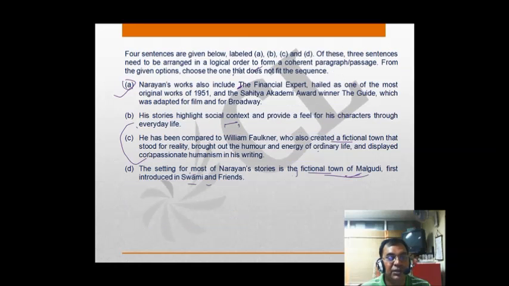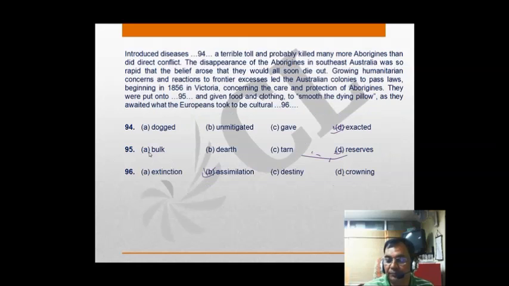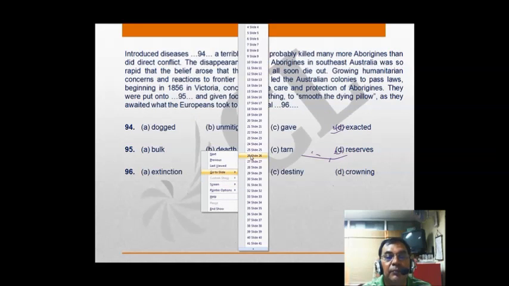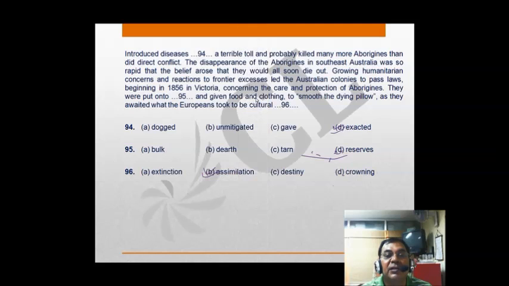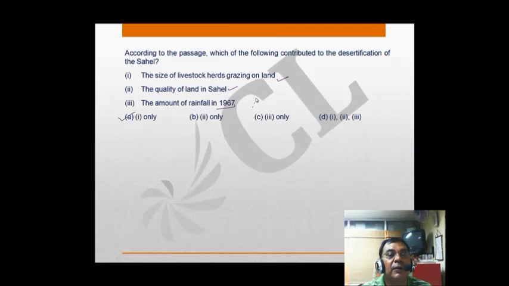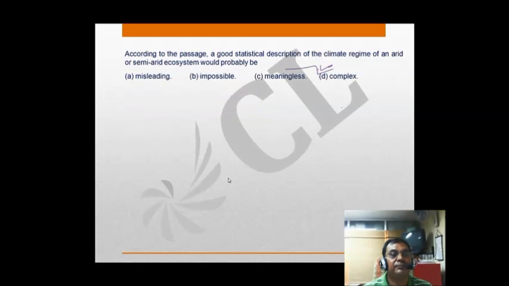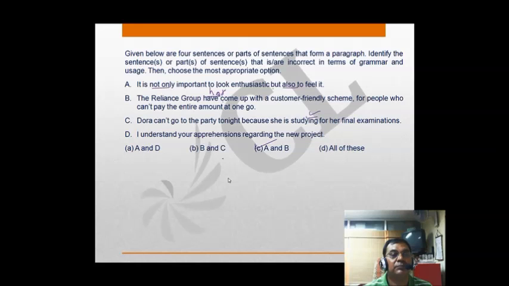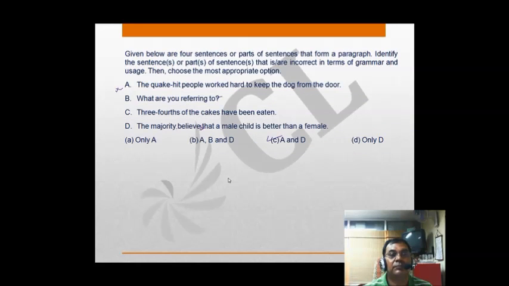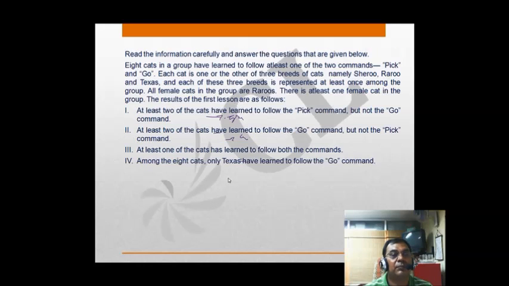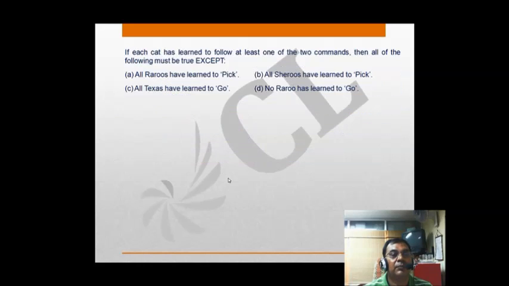Now we come to RCs which we have left. Let's see where we are, which we have done. We do one more RC. This we left.